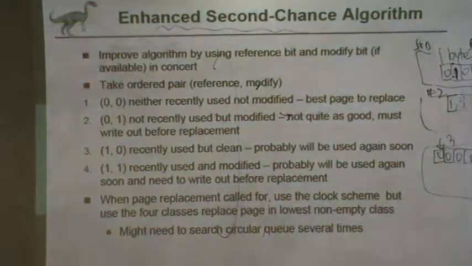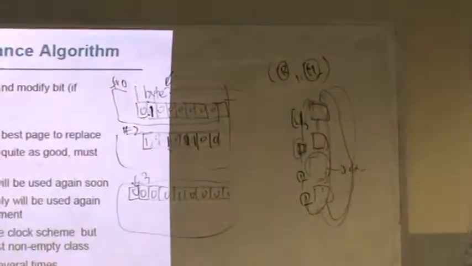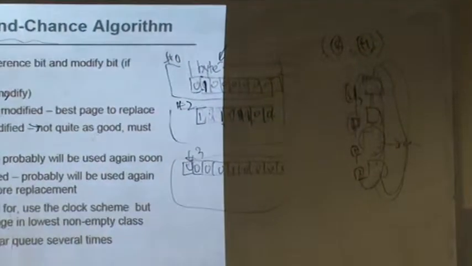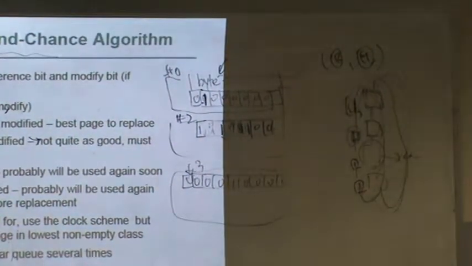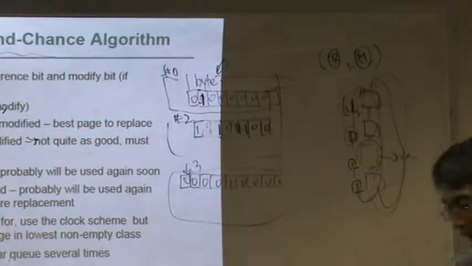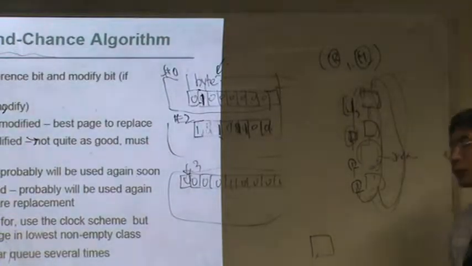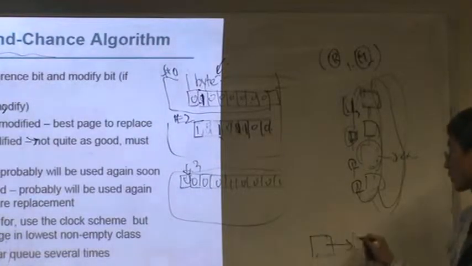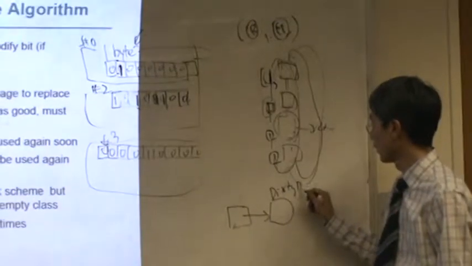So not only the reference bit, we also manage another modify bit. This page is modified. It's a reference and modified. For example, if the page is modified, this one is set as a dirty bit.